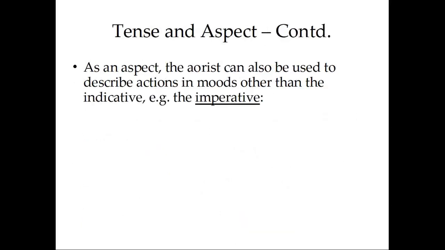As an aspect, the aorist can also be used to describe actions in moods other than the indicative. For example, the imperative. Listen to the wise, that is, habitually. For this, we would use a progressive aspect. And this is what we've seen so far. The present imperative is basically the progressive aspect for this action.